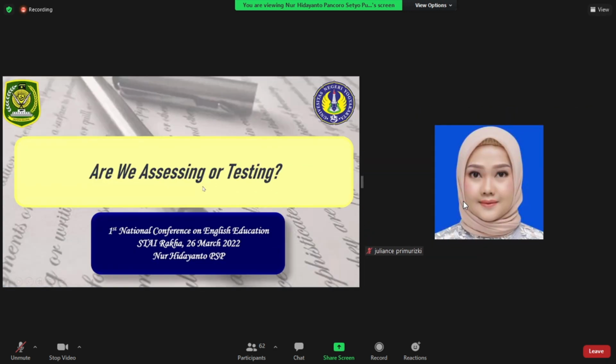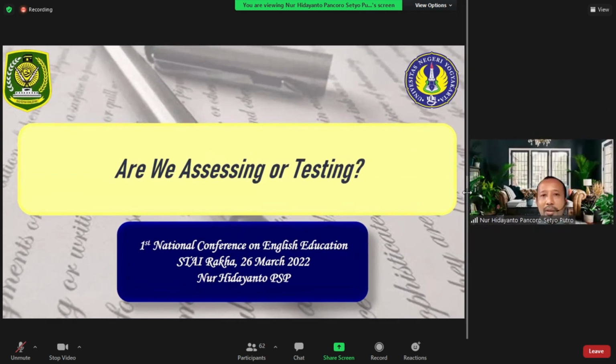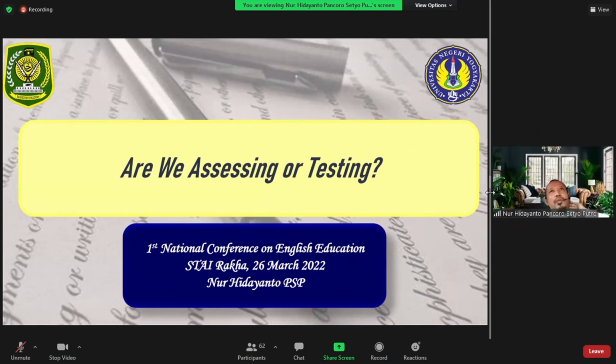So this is the topic that I'm going to talk about today. It might not be a new topic for us, but I want to refresh our memory on one of our top duties, that is assessing our students. I found from my previous studies that the majority of my students fail to understand the concept of assessment itself.